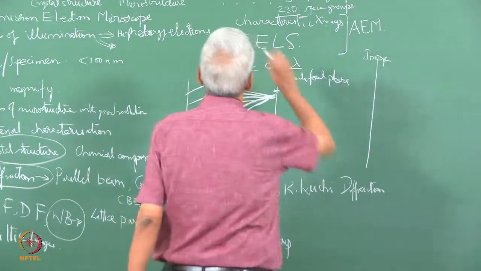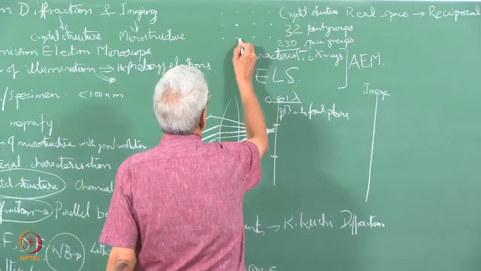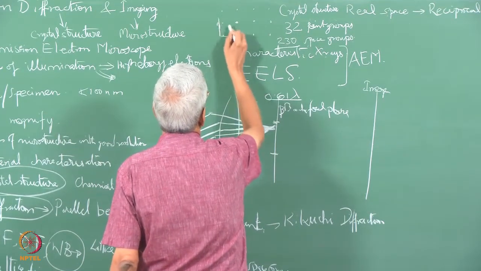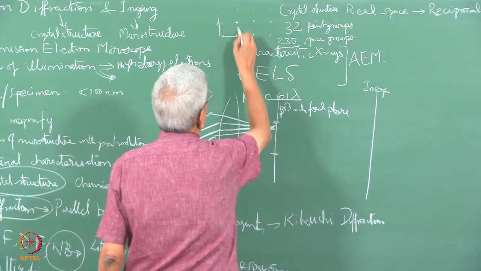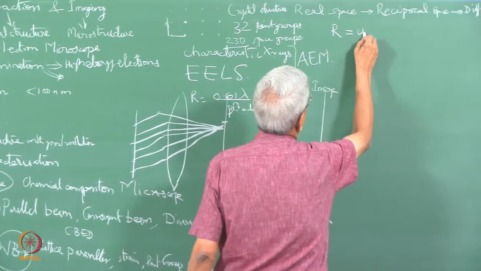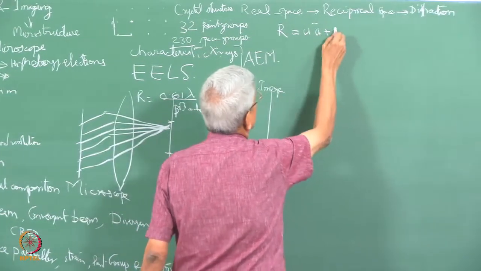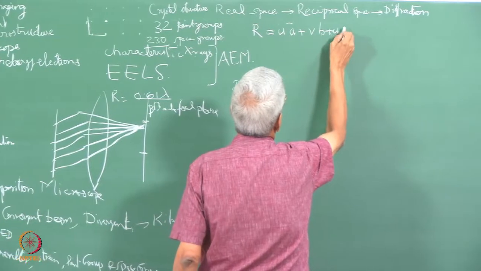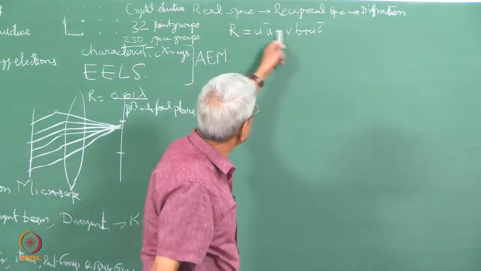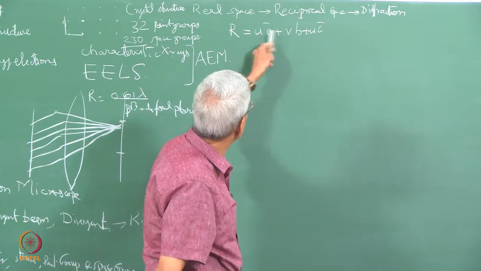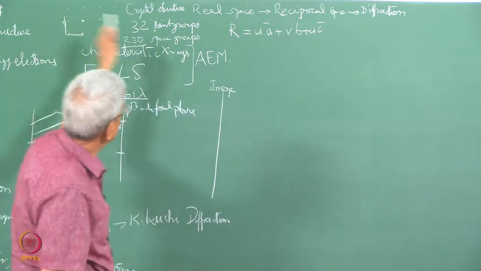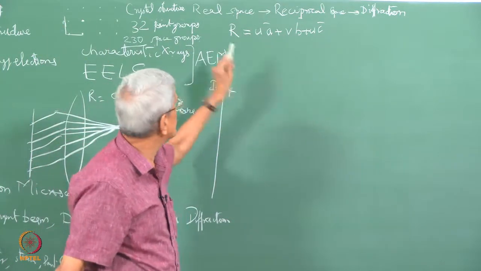One, we can represent this crystal with respect to any coordinate system which we can choose. With respect to that, atoms are at different positions, and it can be defined with a vector r equals u into a plus v into b plus w into c, where a, b, c are the lattice parameters along the different directions, and u, v, w are the different units which you have to take along each of these directions.